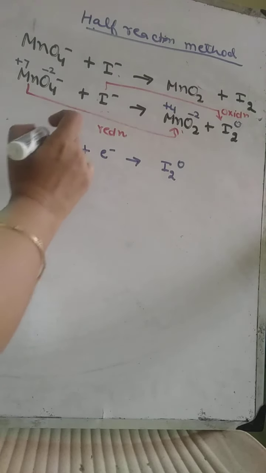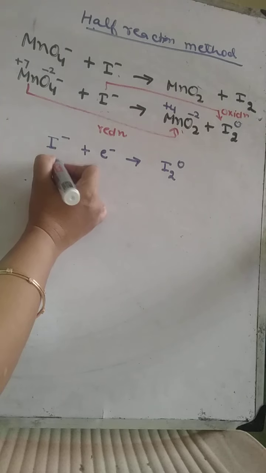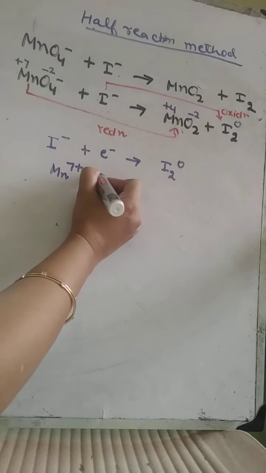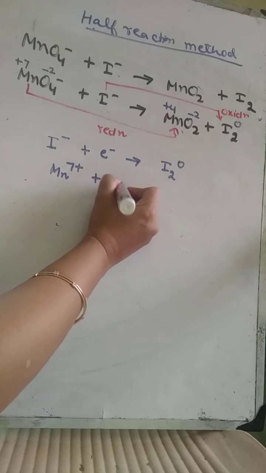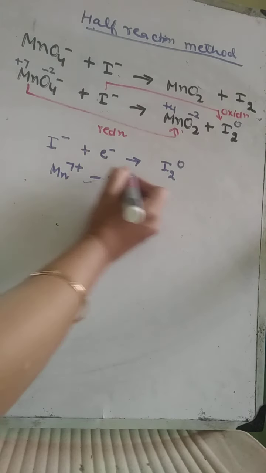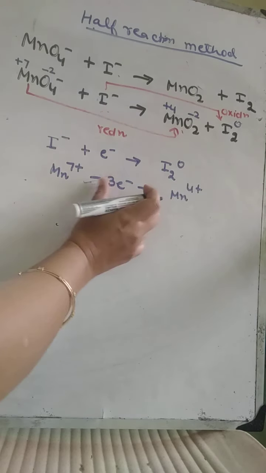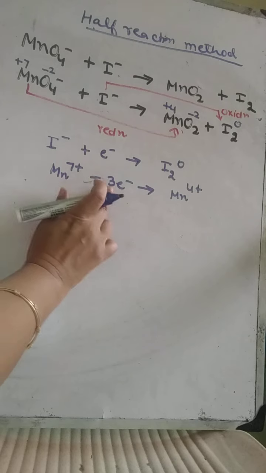Then in the second equation I can write Mn7 positive losing 3 electrons to give me manganese 4 positive. Means there are total exchange of 3 electrons.